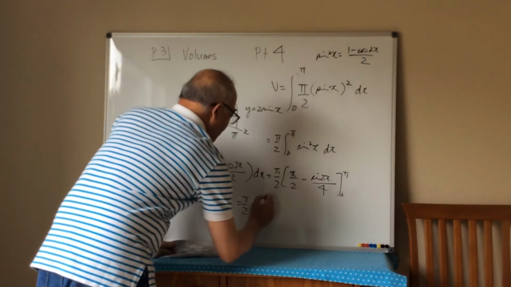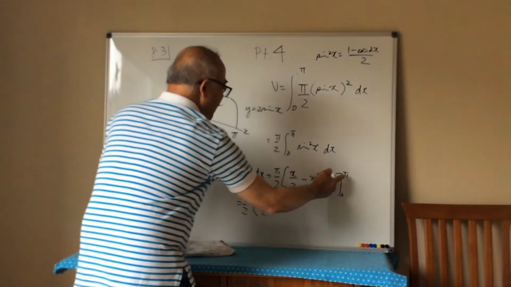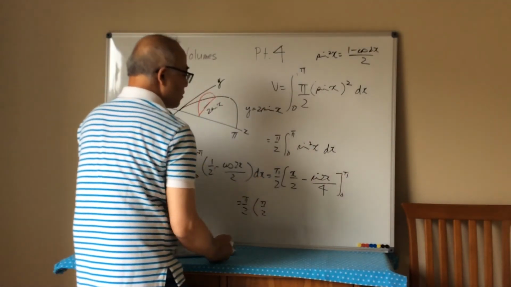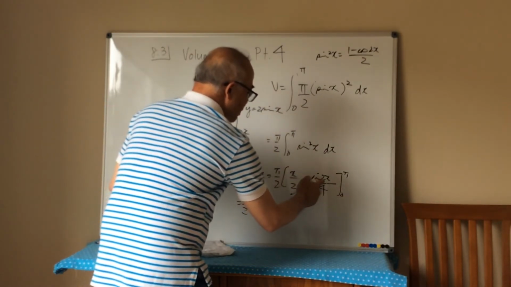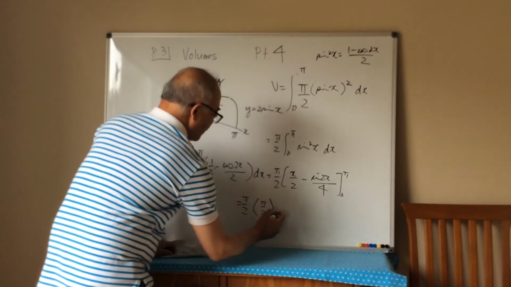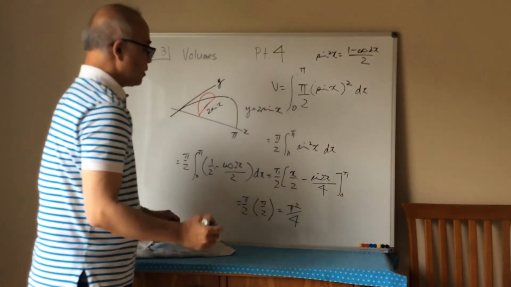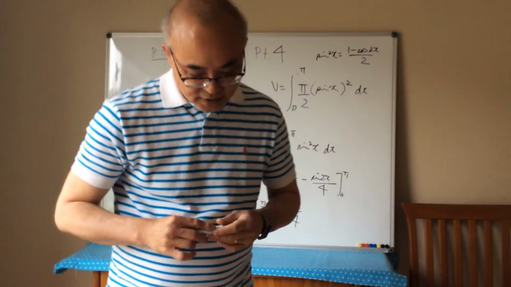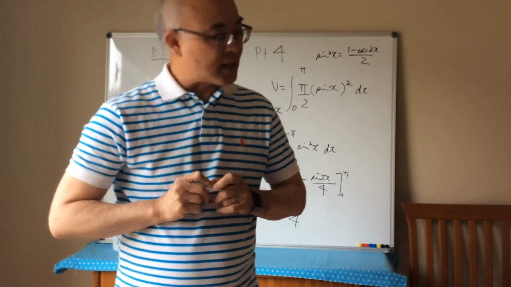If I put pi in here, I get pi over 2. Pi goes in here, it becomes 2 pi, which is 0. And when I put the 0 in, this guy becomes 0, and this guy is also 0. So there you go. Your answer is simply pi squared over 4, and that's the same thing that the book got. So that's how you would run that.